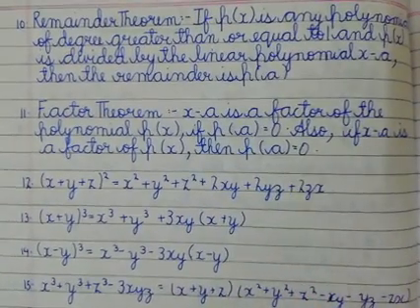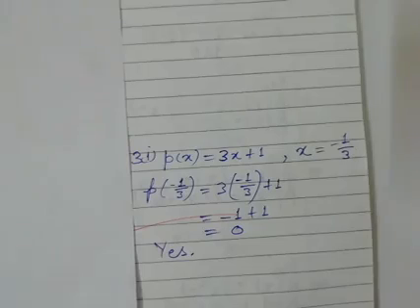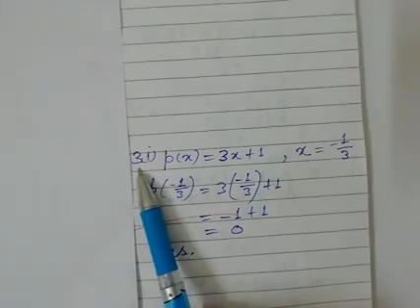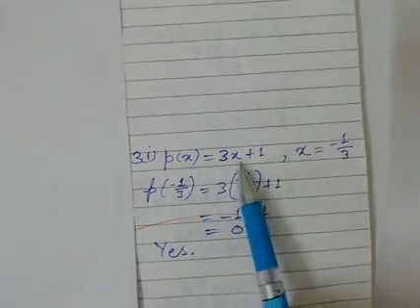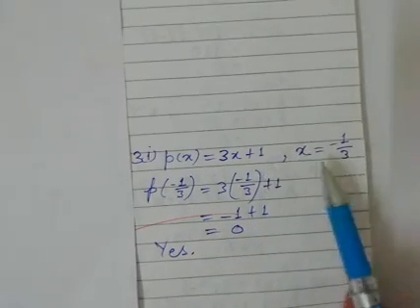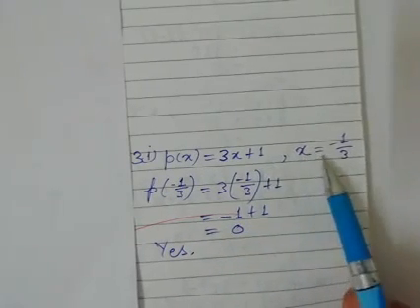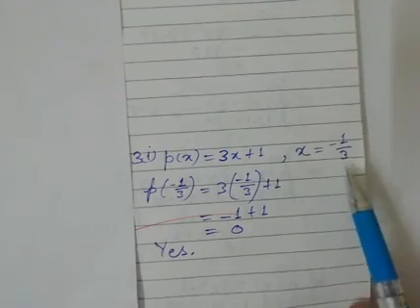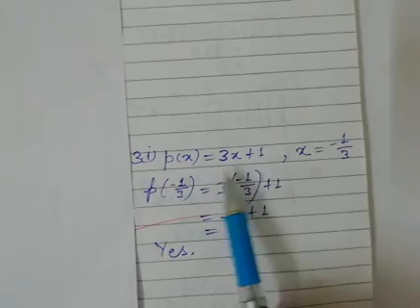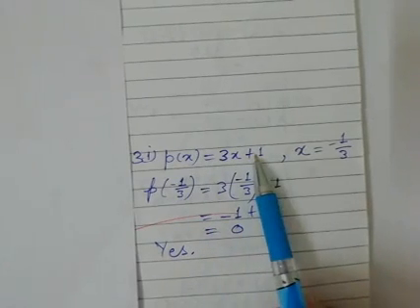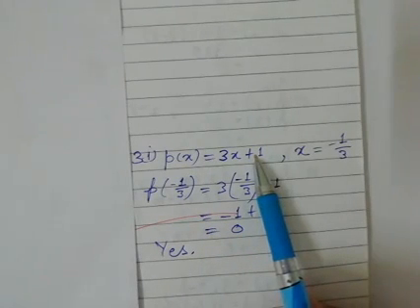Now let us understand these by questions. Here is the third question. We are given a polynomial p(x) is equal to 3x plus 1 and the value of x is given, x is equal to minus 1 upon 3. We have to check whether x is equal to minus 1 upon 3 is a zero of the polynomial. Zero means a solution.